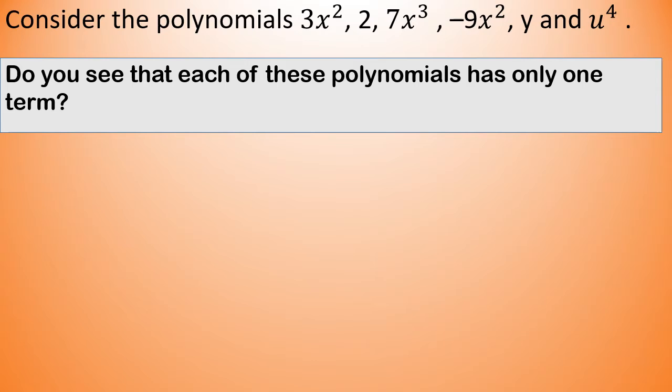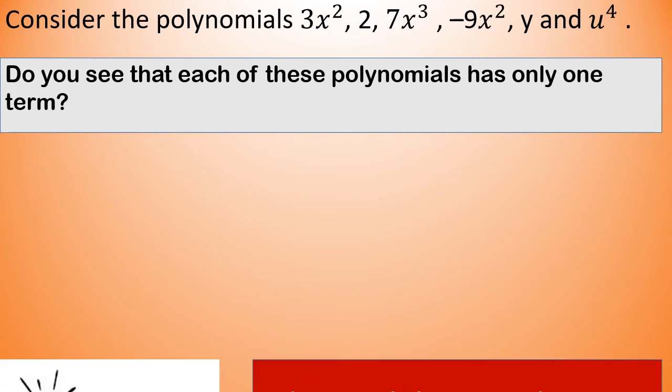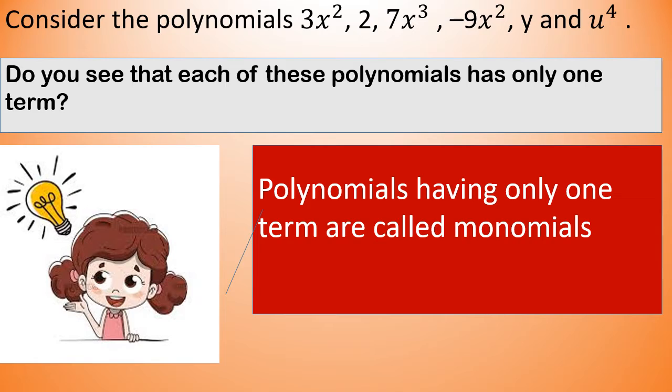Now you can see all these polynomials have only one term. You have already learnt in your earlier classes that expressions with one term are called monomials. Yes, they are called monomials. Any expression we see comes under the polynomial category only, but based on the number of terms they are classified as monomials.